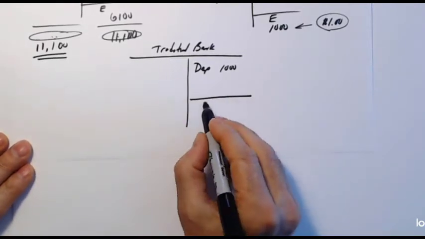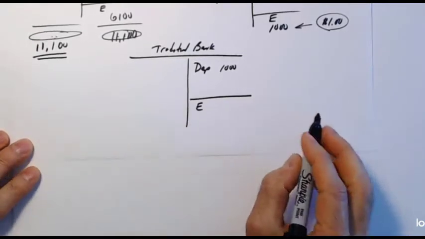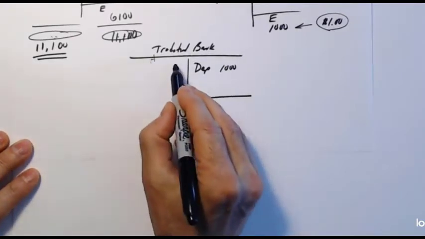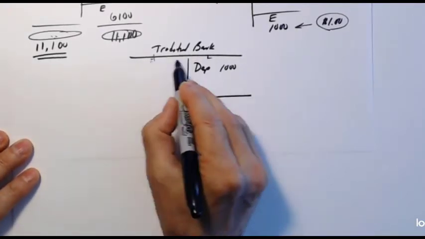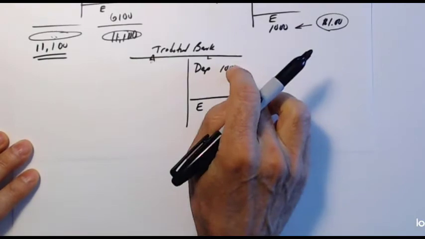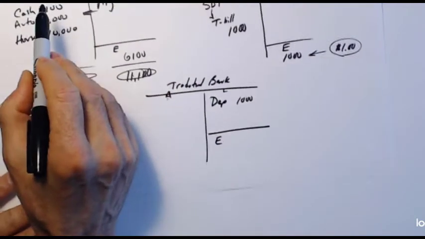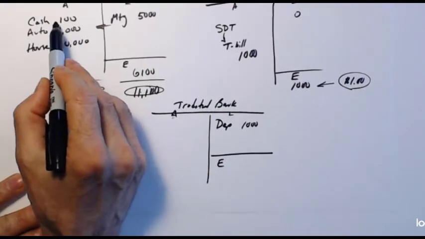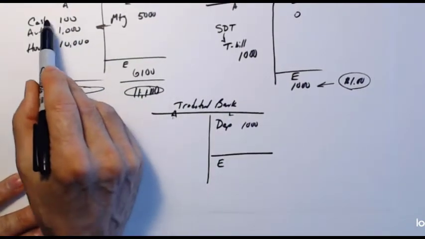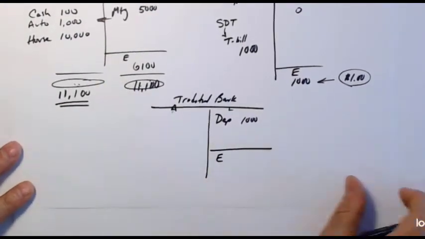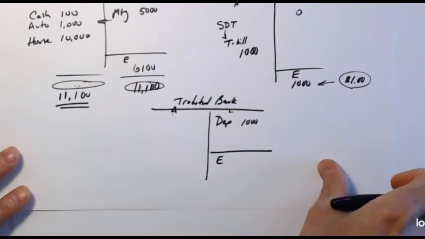And a bank will also have equity, right? And obviously it'll have assets. So it'll have assets, it'll have liabilities, and deposits are a liability to a bank. It's an asset to us. So if this cash over here was deposited in this bank, then it'd be an asset to us. It's a liability to the bank because the bank will have to pay it off eventually.